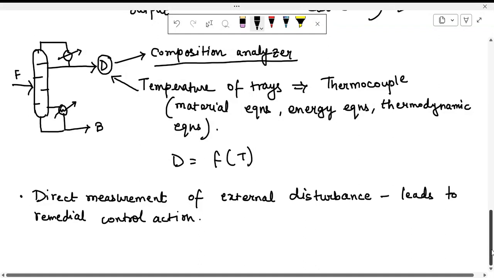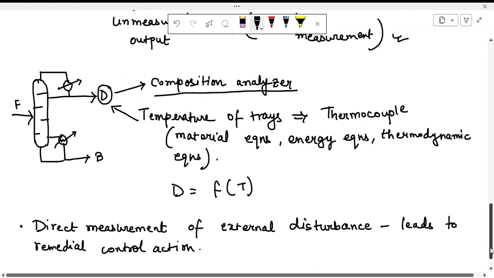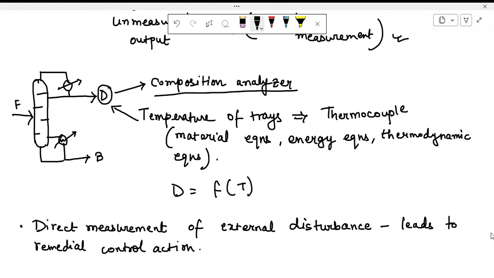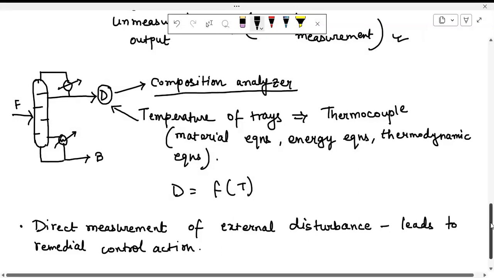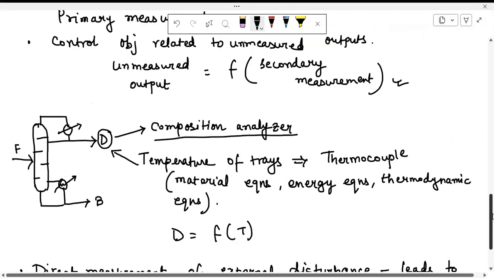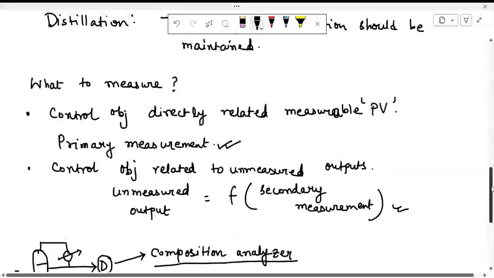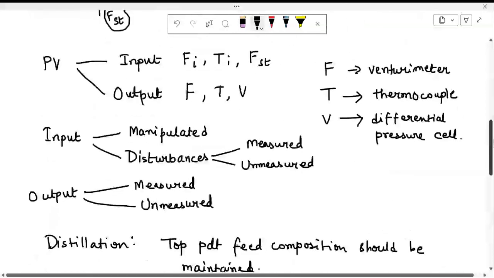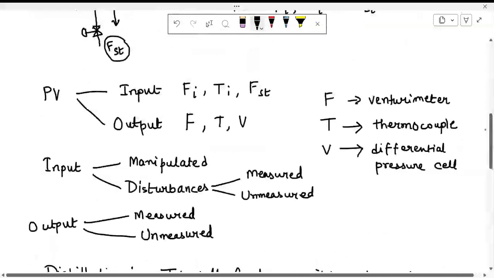These are some of the most basic examples, like composition analyzers not being so frequently used for measuring composition in distillation columns. Instead, we would like to relate the thermodynamic information obtained from the temperature of trays, and then trying to measure the disturbance directly, use of primary measurement, and how we are classifying the input and output variables as an overall picture.